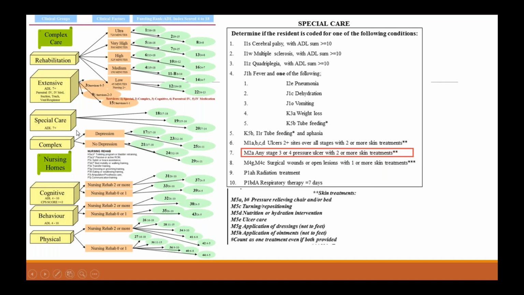So notice how not only the condition that you have classifies you into a funding group, it also depends upon the level of dependency for ADL. And you're going to see that ADL impacts every single funding group. So bed, eating, toileting, and transfer, those late loss ADLs are just so essential.